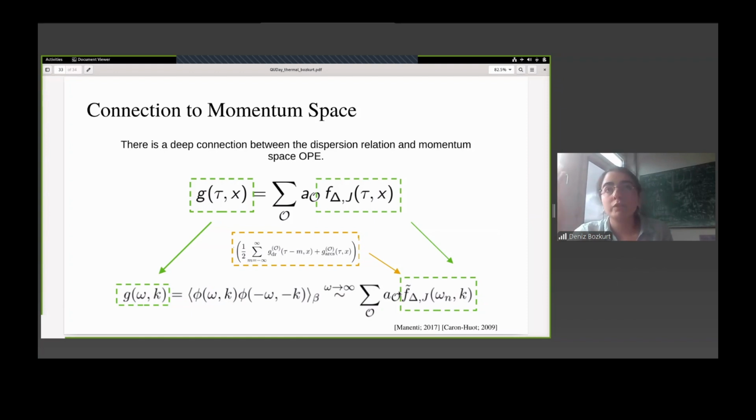Throughout this paper, we use this observation extensively. We use this connection to sometimes check our position space correlators, or sometimes get a very good ansatz for the end result of the infinite sum, so that we can actually match.